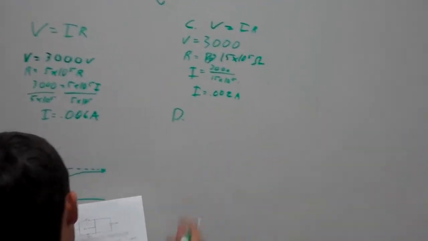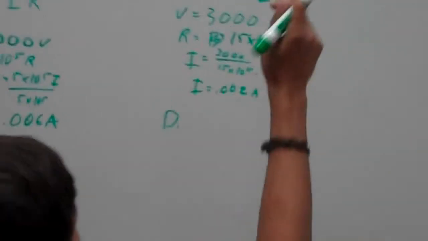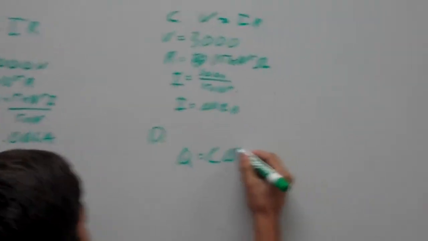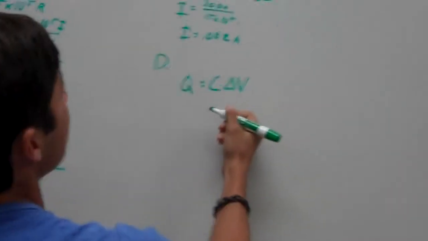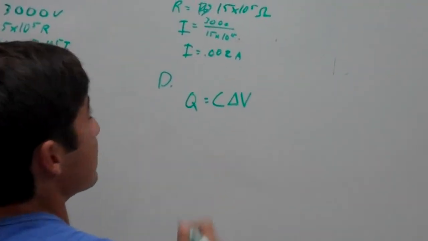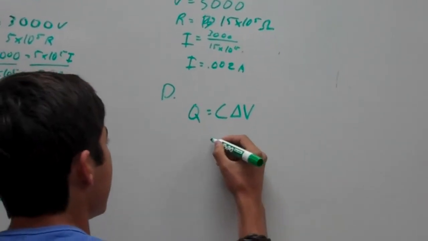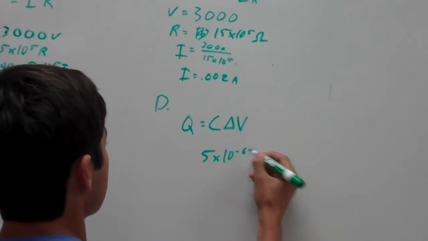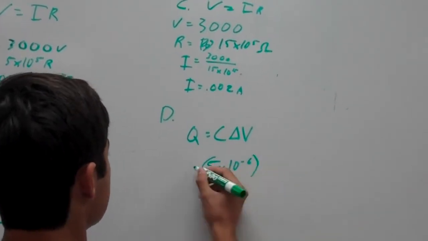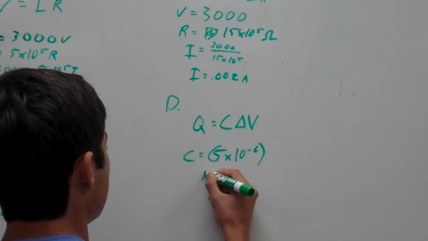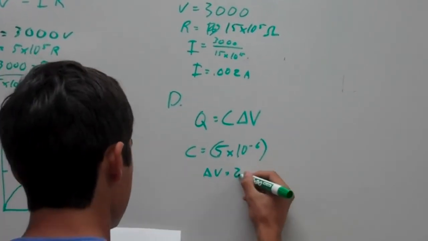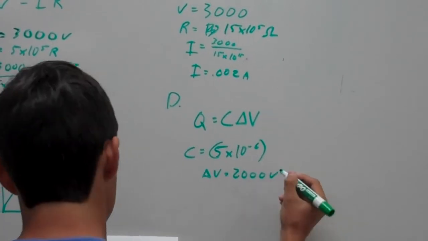Part D is calculate the charge Q on the capacitor. You can use the equation Q equals C times the change in voltage. You know your C is 5 microfarads, but because it's microfarads, it's going to be 5 times 10 to the negative 6th equals your C. The change in V is going to equal 2,000 volts.